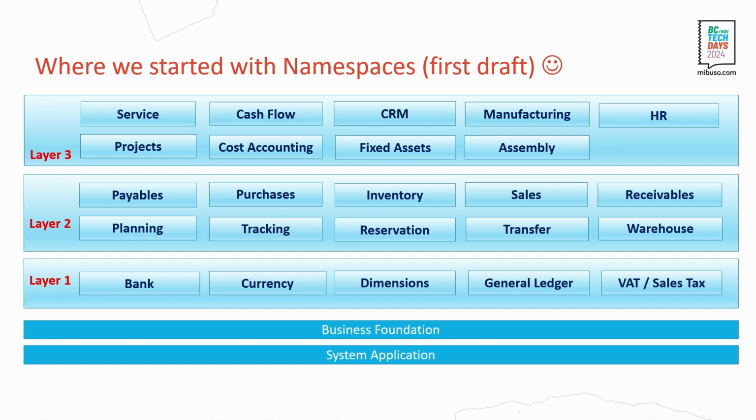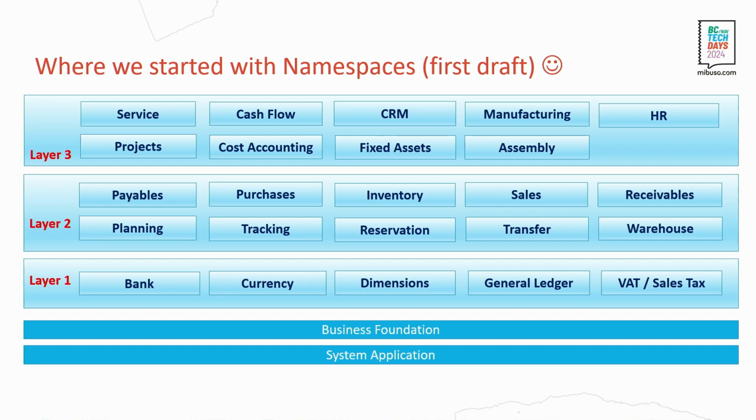And of course, layer 2 can use general ledger to post cost of operations or sales and purchase documents. Then we currently have a lot of additional modules on top of that, like service, cost accounting, or manufacturing. This is going to be our layer 3. This is not a logical or physical layer. On a first draft, it's a level of complexity.